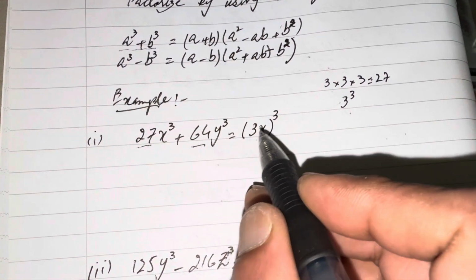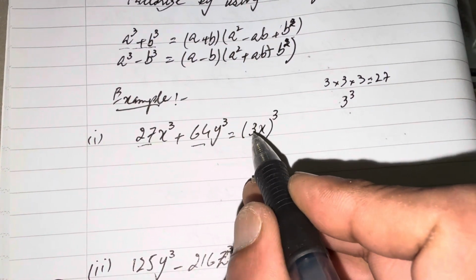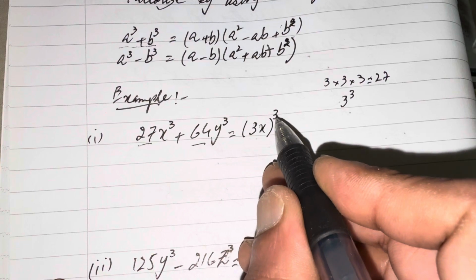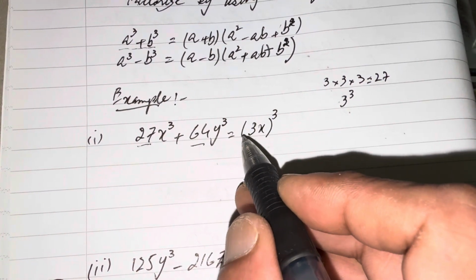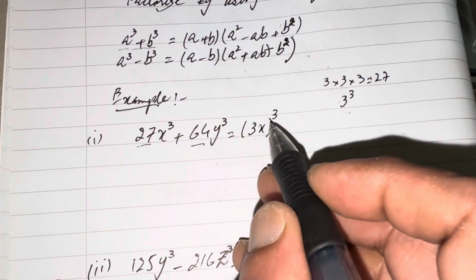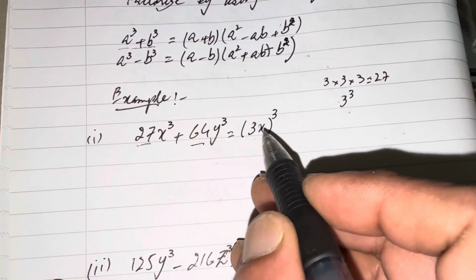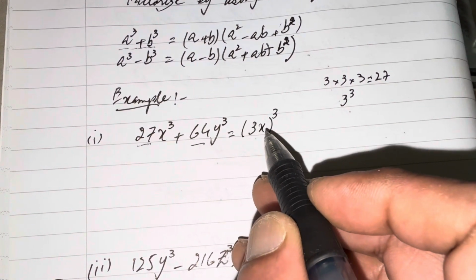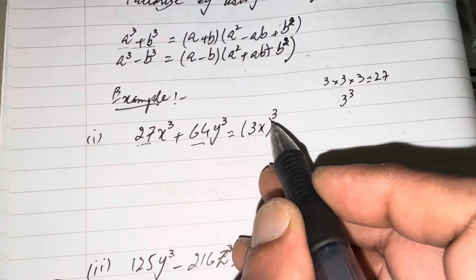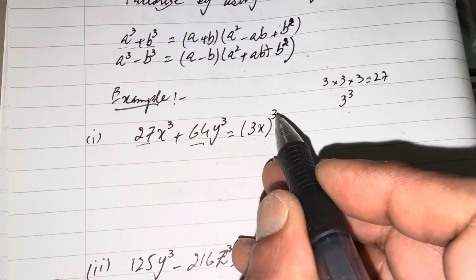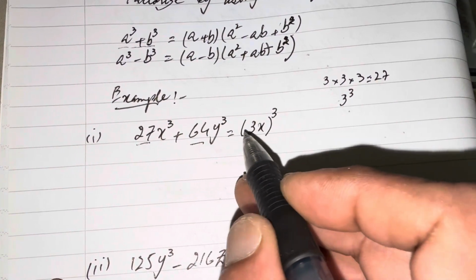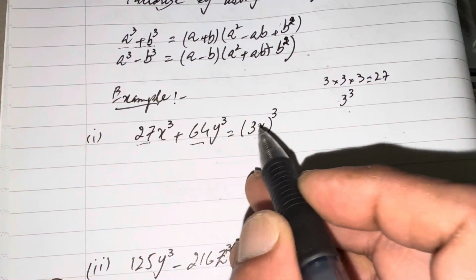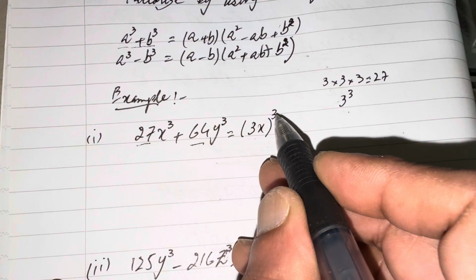What does it mean? That it means that 3 raised to power 3 and x raised to power 3. Why? Because now this bracket is showing that whatever is in this bracket is having the power 3, कि जो भी इस ब्रैकेट के अंदर है उसकी पावर जो है वो 3 है.